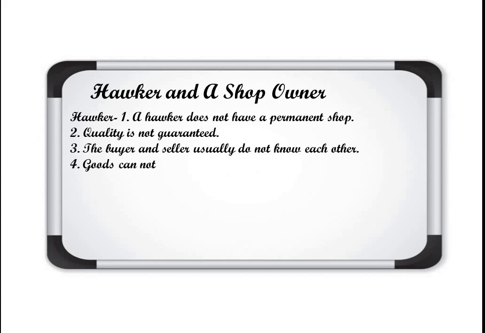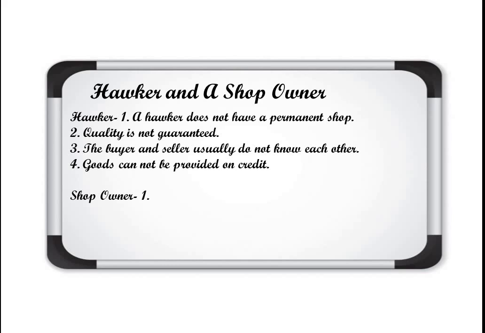Number 4, goods cannot be provided on credit, as I already told you, because they do not have a permanent shop and would have to be there to get the money back. Clear? That's why they do not provide things on credit.